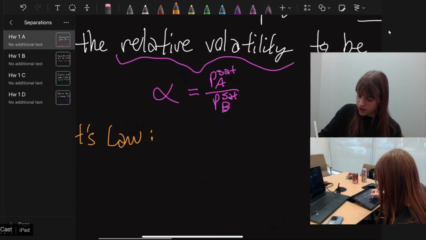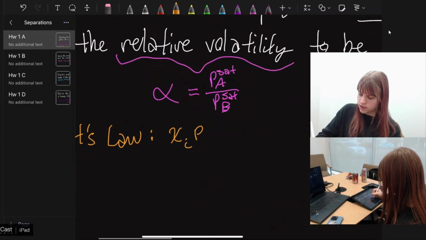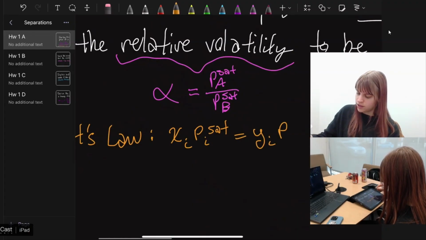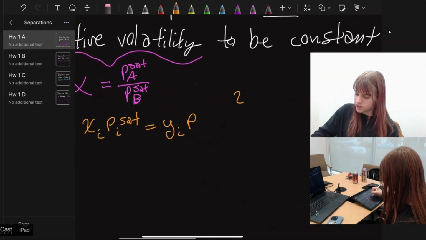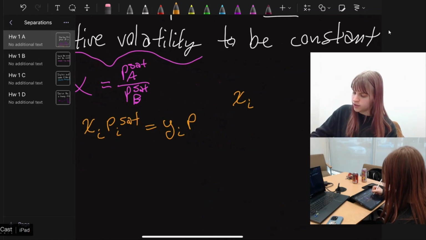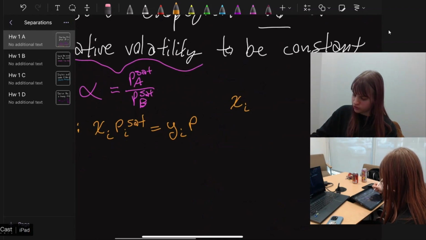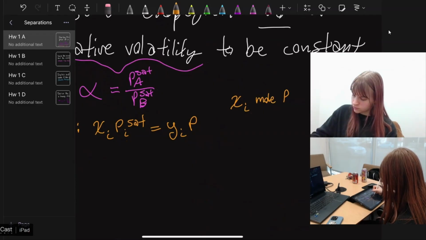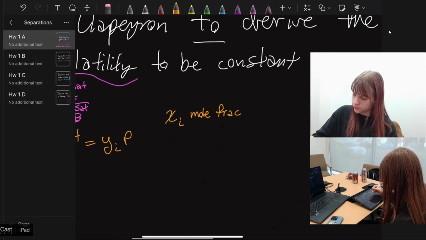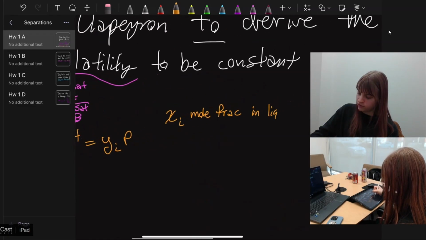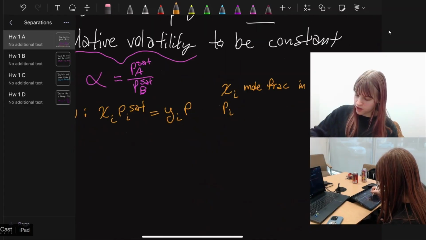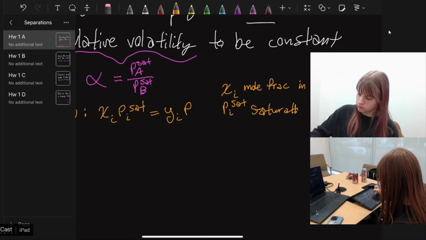So we have this xi pi sat is equal to yi P. Xi is the mole fraction in the liquid phase. Pi sat is the saturation pressure.